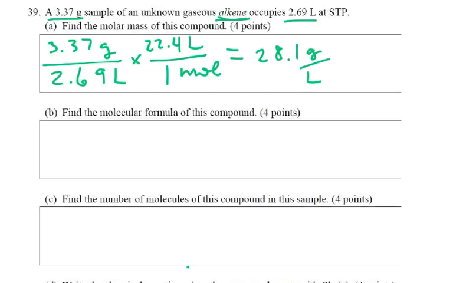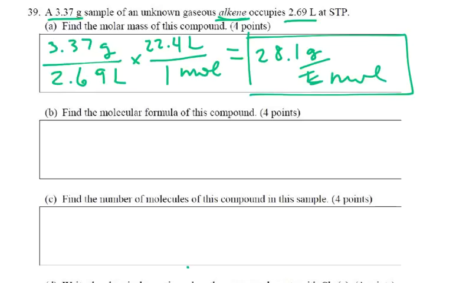Now, it actually comes out to 28.06, but this is good. Now you can also go ahead and just take your 2.69 liters, change it to moles, then take 3.37 grams divided by 0.120 moles, and you get the 28.1 grams per mole. Okay, so that's our answer.